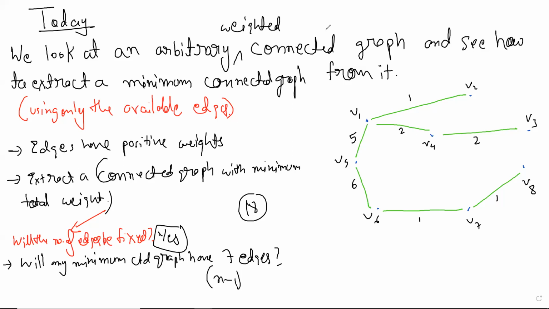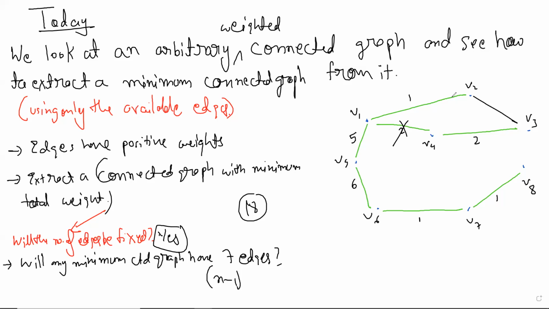You still have 7 edges. Weight is still 18. And you can see these are the only ways, or maybe there's one more way. You could have removed this, but then you would have to keep this and so on. There are many ways to do it, but it will always have n minus 1 edges. That is important.